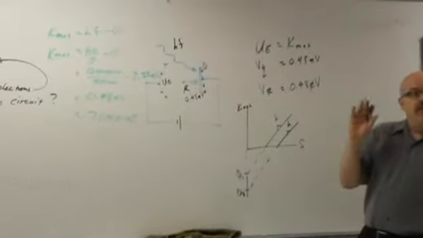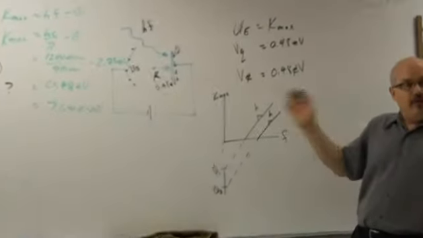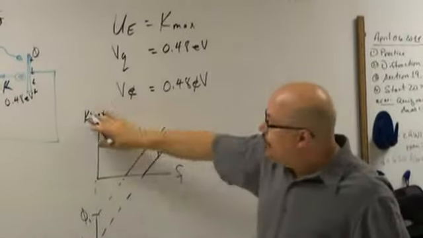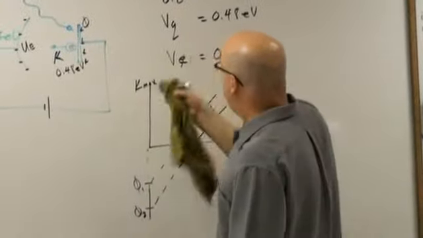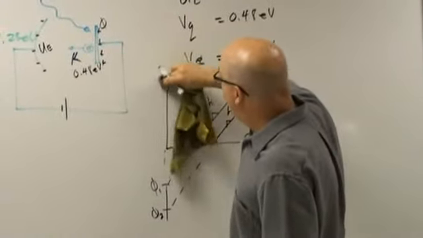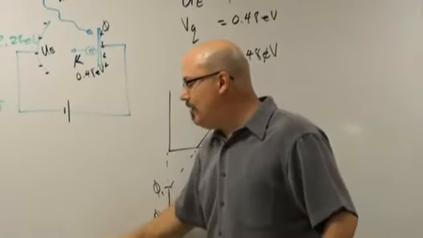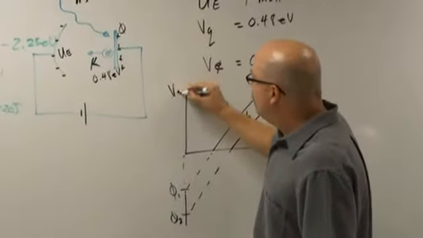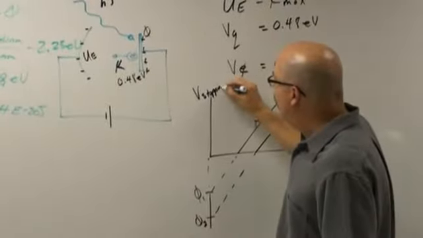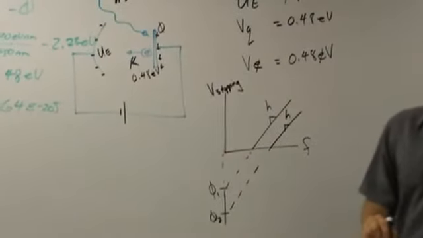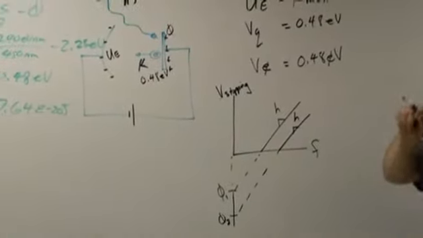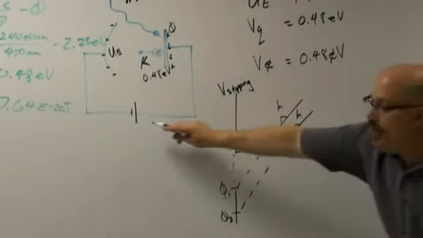They could, on this graph, not put kinetic energy here. They could list instead the stopping potential. How much voltage did it take? The stopping voltage to stop the electron, because that's what they really dial up on this battery here.